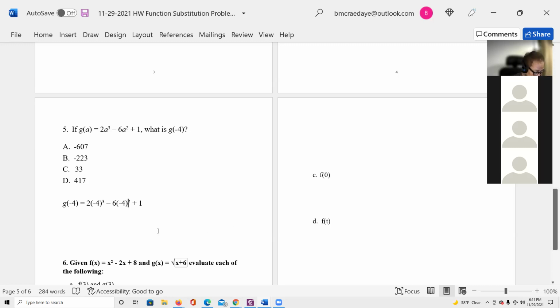Now, just a hint: whenever you raise something to the third power, you get the sign of the number. So if it's a minus, the answer will be negative. But if it's raised to an even power, if it's a minus, you get a plus. So let's copy this.